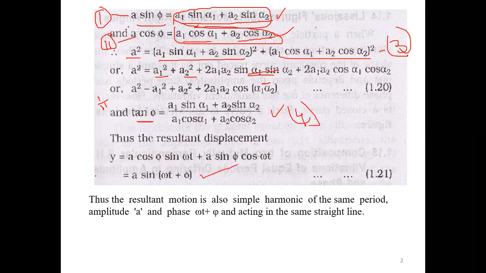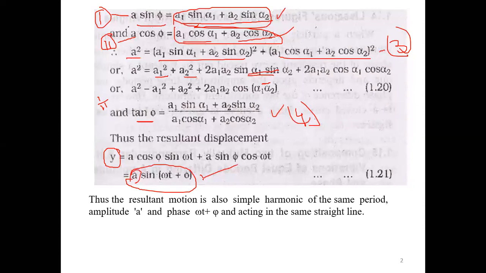So what we are seeing is that the resultant of the two simple harmonic motions is another simple harmonic motion, because it's a sinusoidal wave, but its amplitude will be A and phase angle will be phi. A is given by equation number 3 and phi by equation number 4.